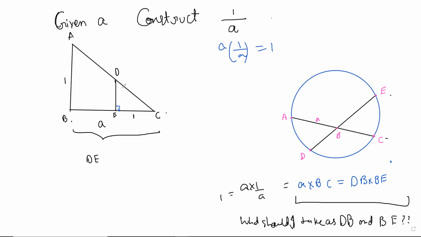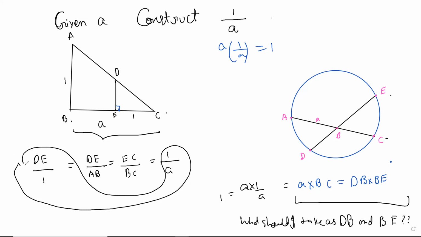Yes, that looks correct, right? Because as you can see, DE by AB would be equal to EC by BC, again its magnification. So from here you can figure out. Let's check it. It's 1, and EC is 1 and BC was A. Interesting. So this is also 1 by A. Yeah, this is perfect.